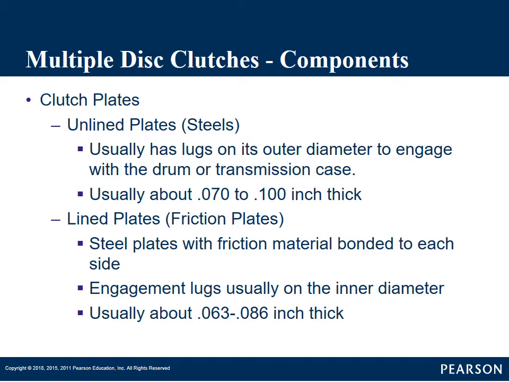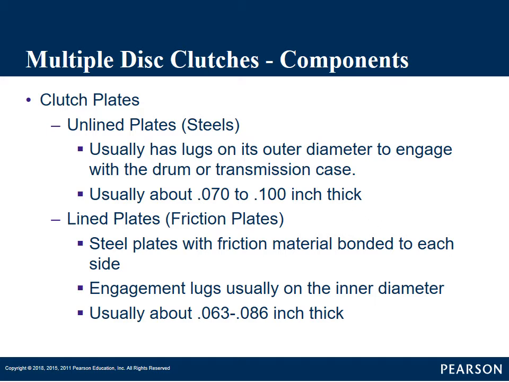The lined friction plates are often also called fiber discs, fiber plates. These are steel plates with friction material bonded to them. But the engagement lugs or the splines are on the inner diameter on most clutch packs. And they're usually a little thinner, 63 to 86 thousandths thick. But those are the differences.